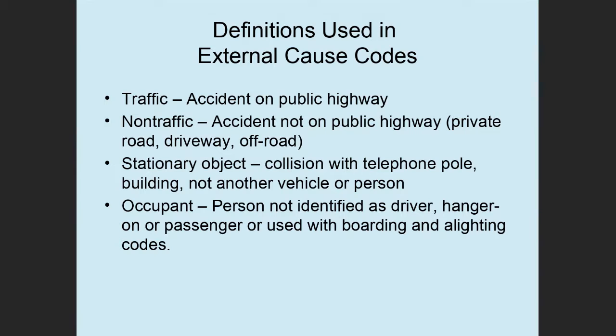That's like a telephone pole or a wall, not a person or a vehicle. An occupant of a vehicle is someone not identified as the driver, a hanger-on, or a passenger. This term is also used for codes for injuries when the patient was boarding or alighting a vehicle. When a patient is getting into or out of a vehicle, they're not really a driver or a passenger. Therefore, they are considered an occupant.